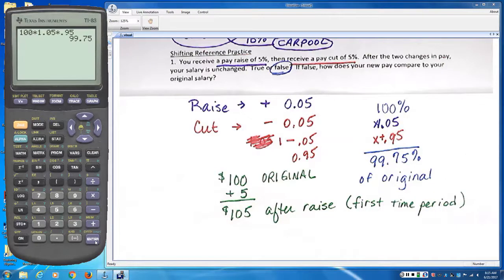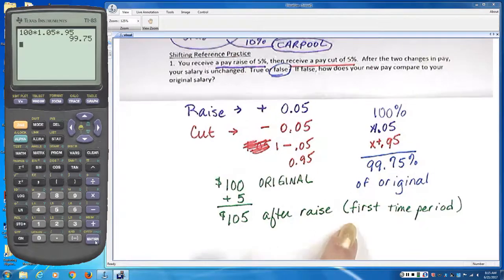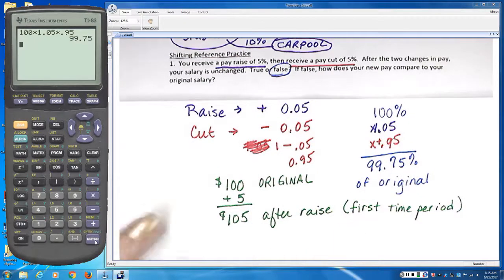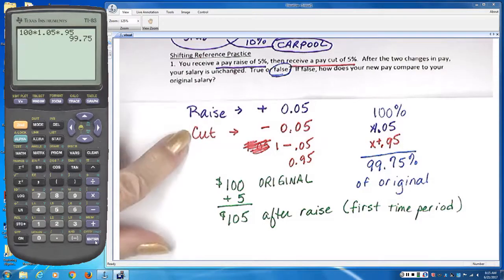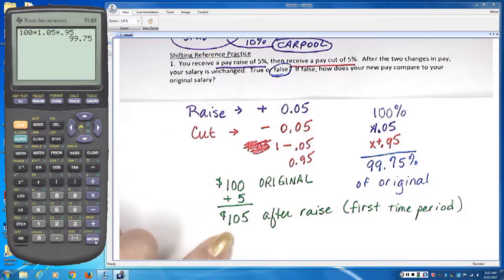And it doesn't say how long that is, but it really doesn't make any difference how long it is, if it's 6 weeks, 6 months, a year. After that first time period, however long it is, I'm making $105 that whole entire time period. Then what happens is that I get a 5% pay cut. So that means they're going to take 5% away of my $105.